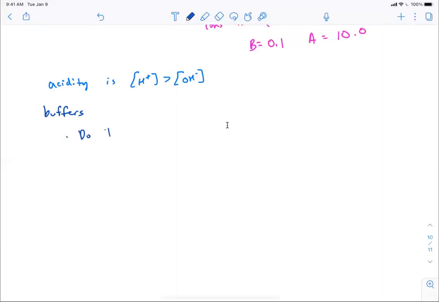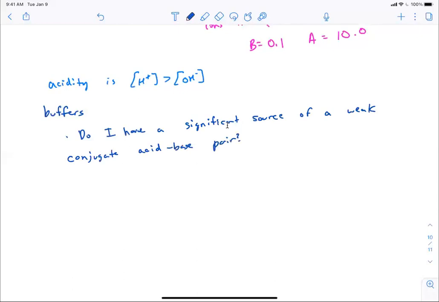Do I have a significant source of a weak conjugate acid base pair? So the question is, do I have a weak acid or weak base with its conjugate in significant supply? It's not significant if I just put a weak acid in there and watch it dissociate, because we know weak acids don't dissociate very much. So that's not a significant source of that.